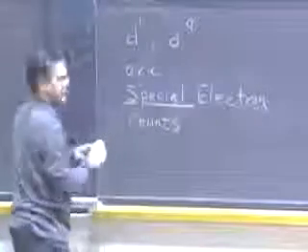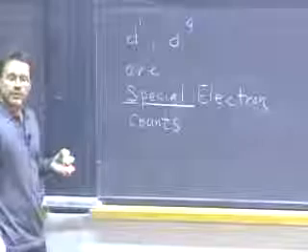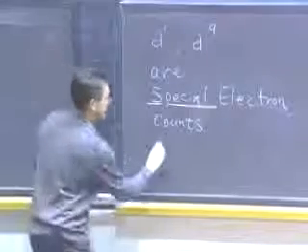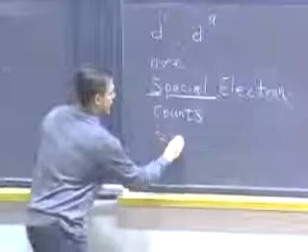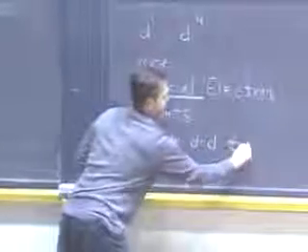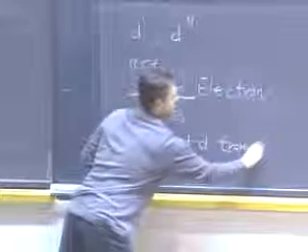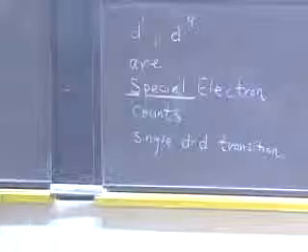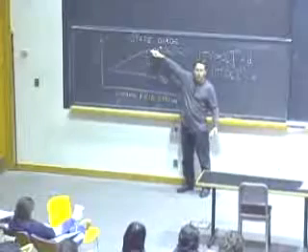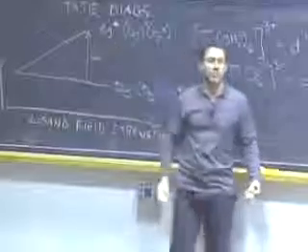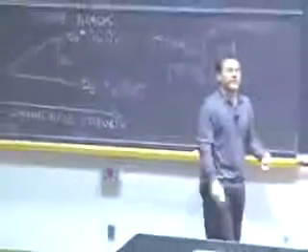And the reason that they're special is that these have a single absorption peak due to what we call d-d transitions. They have a single d-d transition. And that means that there's a ground state and then just one excited state that the system can be promoted to in the presence of impinging photons of the right energy.